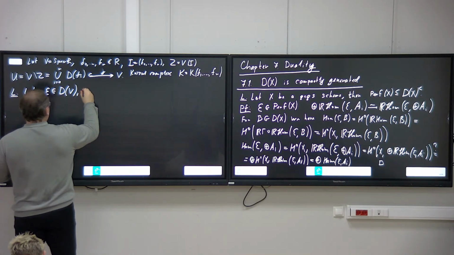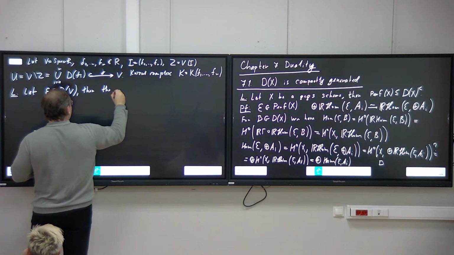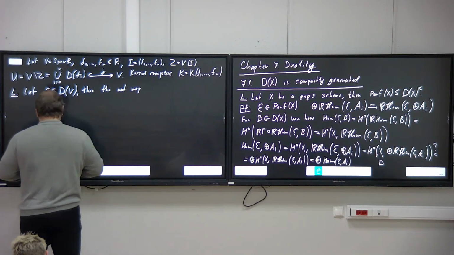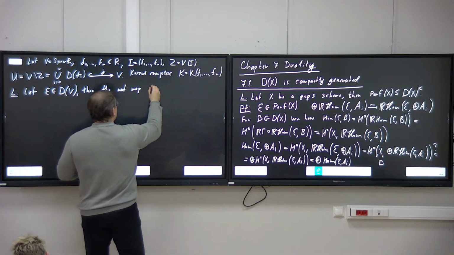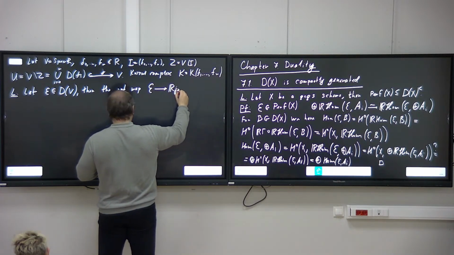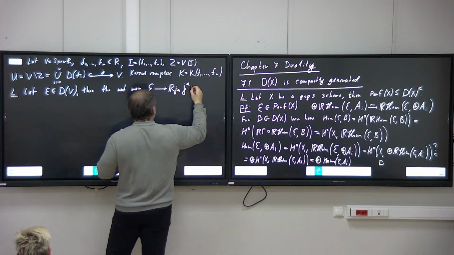So then the natural map, which you obtain as just the unit of the adjunction, from E to the derived push forward composed with the pullback, well, pullback is exact, so we don't need to derive it.